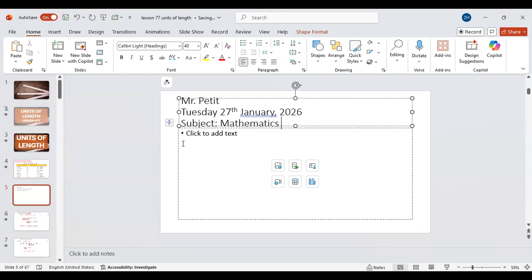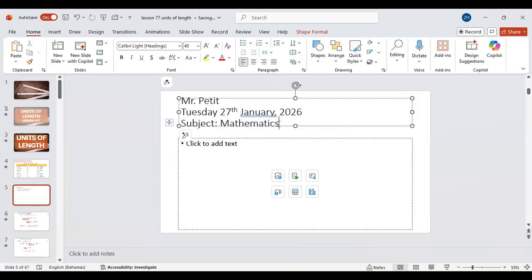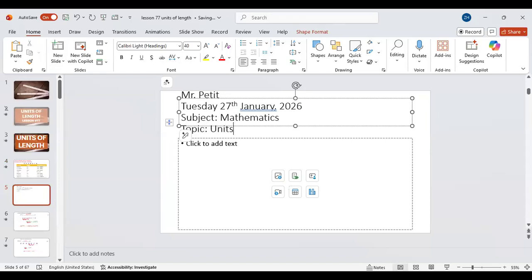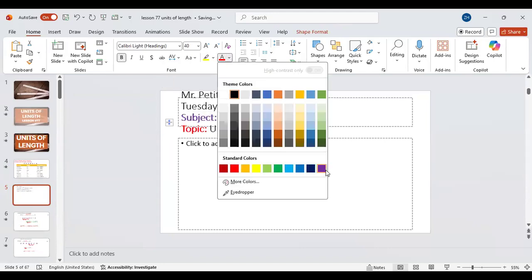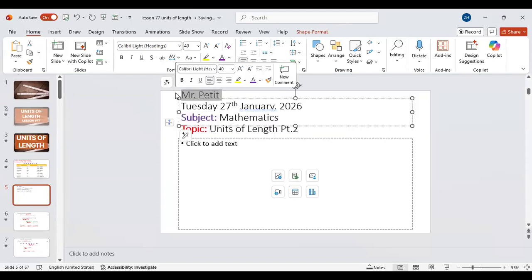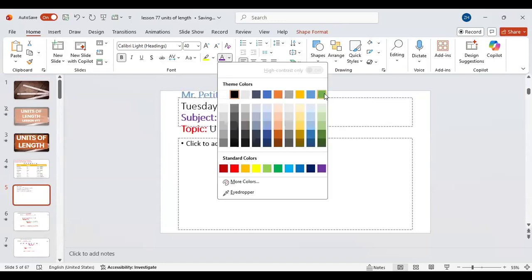The subject is, of course, mathematics, and the topic is units of length, part 2. We started it yesterday, but we didn't really do any examples. We just listed off the table. Now we can actually do some examples of converting units.